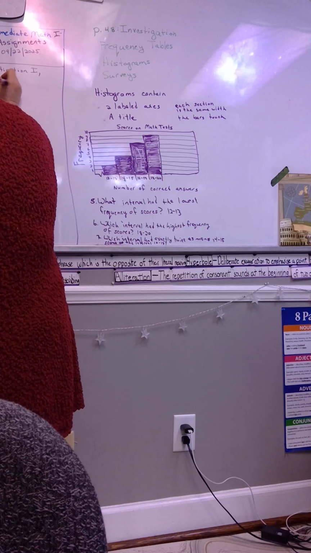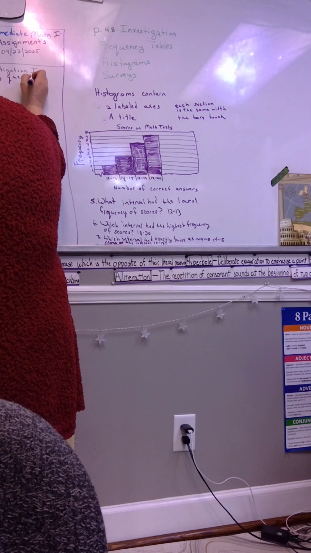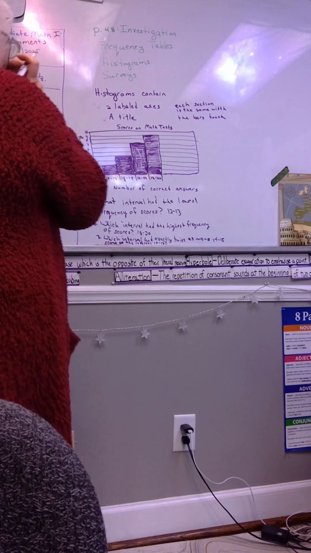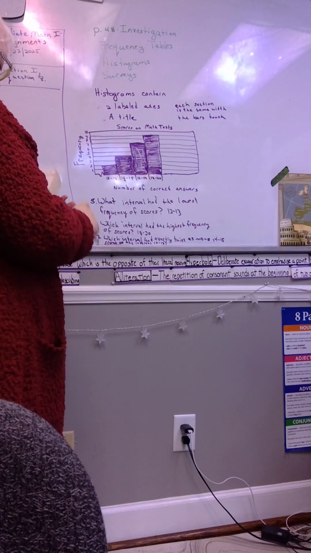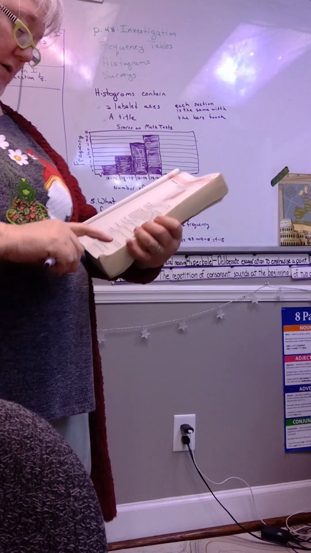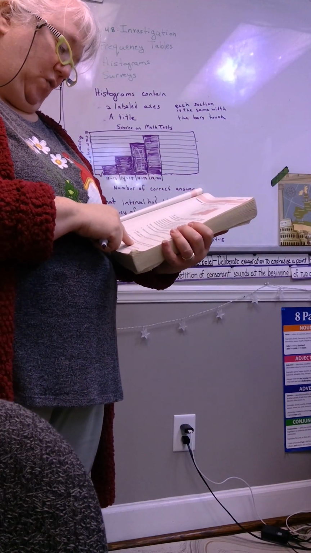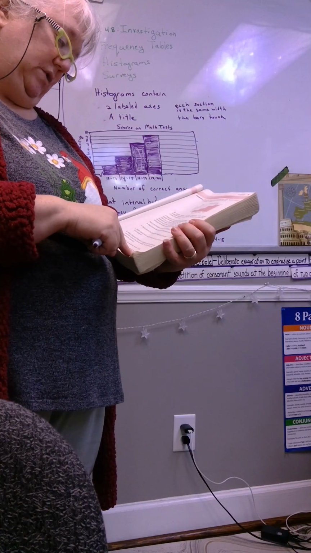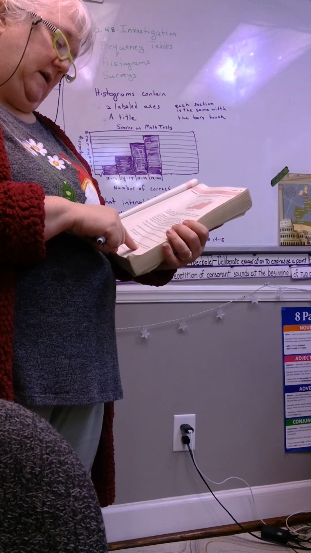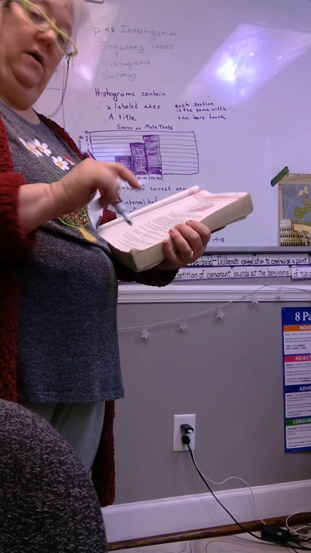page 49, question 8. So that is to make a frequency table and a histogram for the following set of test scores. It gave you test scores, and then it says use 50 through 59, 60 through 69, 70 through 79, 80 through 89, and 90 through 99 for the intervals.